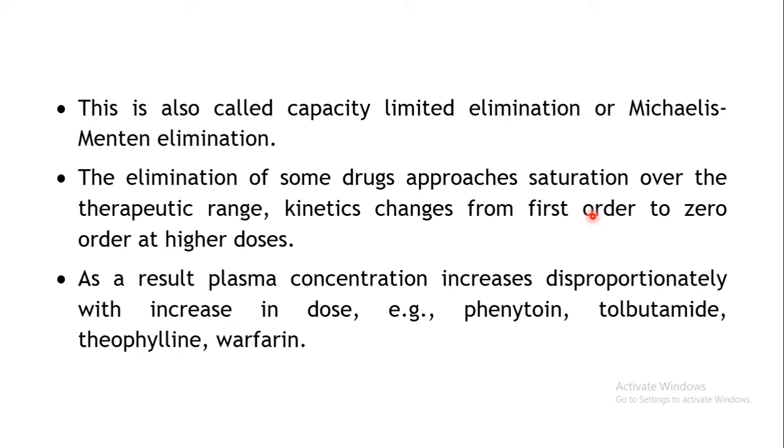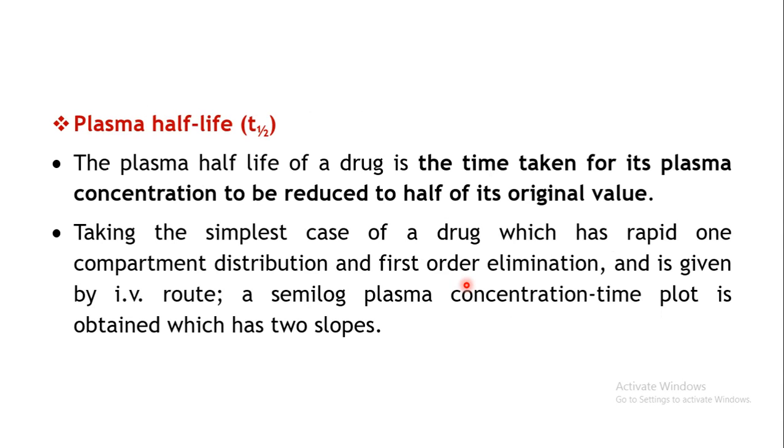So initially it will be first order, but slowly as you go on increasing the plasma concentration, it will reach saturation and change to zero order. So if you increase the plasma concentration further, the clearance will start decreasing. Okay, so plasma concentration will increase disproportionately because your drug is not being removed from the body. Only a constant amount will be removed from the body.